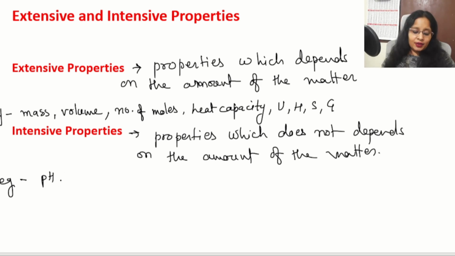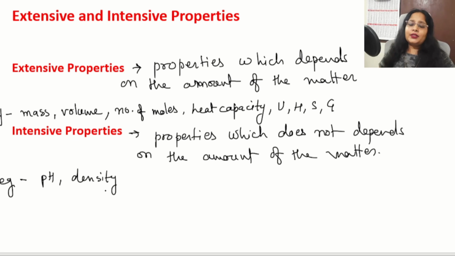In the same way, we can say density. We know honey. So if we have a bottle of honey, now take 1 spoon of honey in one test tube, and from the same container take 5 spoons of honey in another test tube.